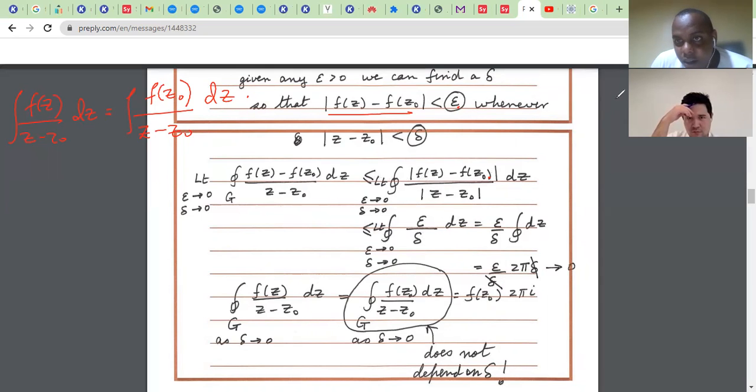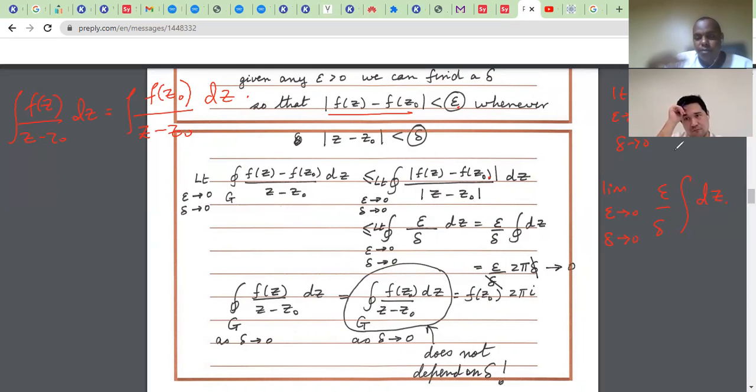Okay. So the limit as epsilon is approaching 0, delta is approaching 0, and this is epsilon over delta times the integral of dz. Epsilon over delta is already a constant. So this will be the limit as epsilon approaches 0, delta approaches 0, of epsilon over delta times the integral of dz. We already saw that the integral of dz is going to be 2 pi.